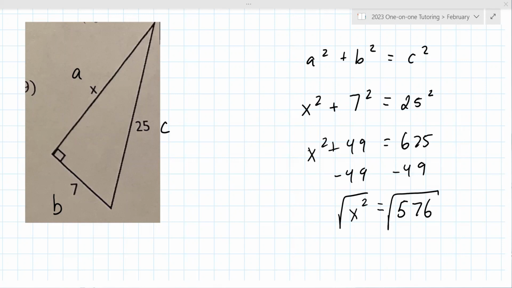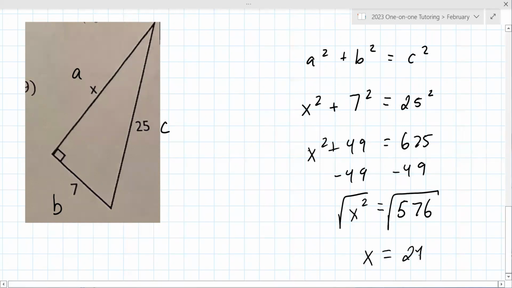I am doing it. 24. It's 24. Good. x is 24. Very good.